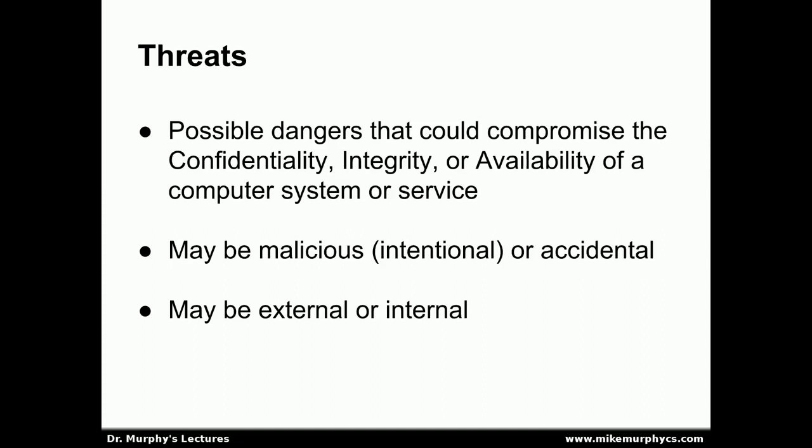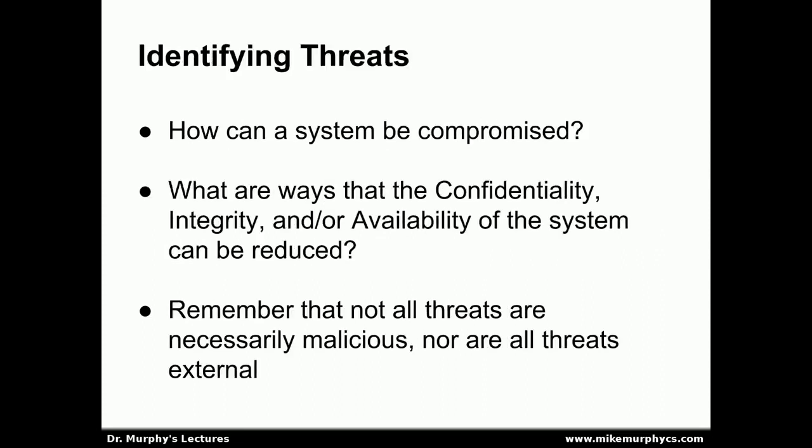In identifying a threat, we want to ask ourselves how a system could be compromised. In other words, what are ways that the confidentiality, integrity, and/or availability of the system could be reduced? What are forces that can come and potentially damage these things? Remember that not all the threats are necessarily malicious, and not all the threats are necessarily external.